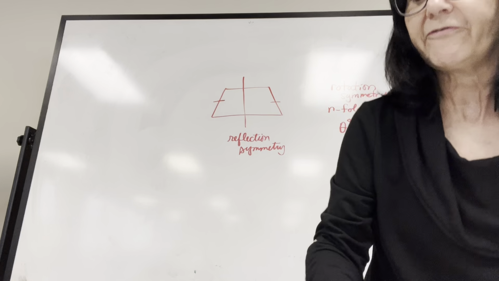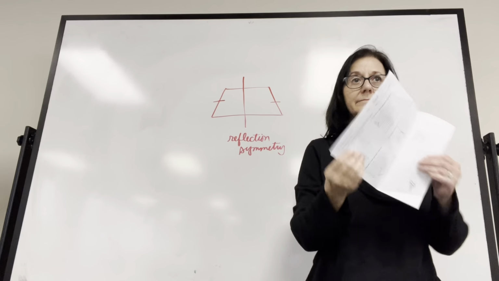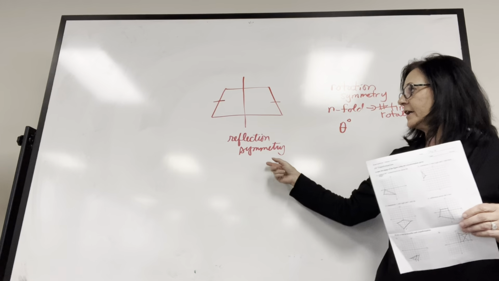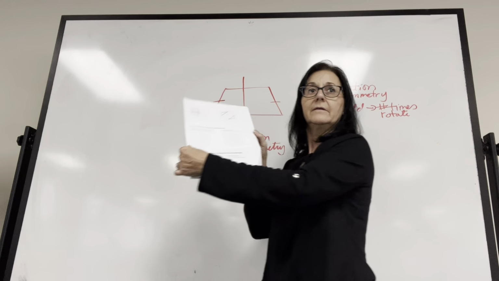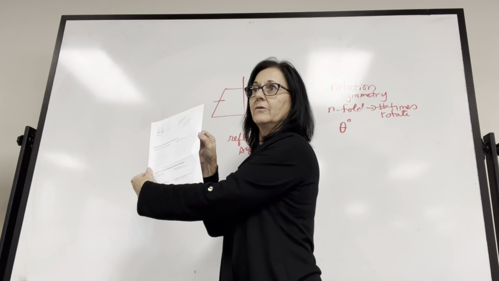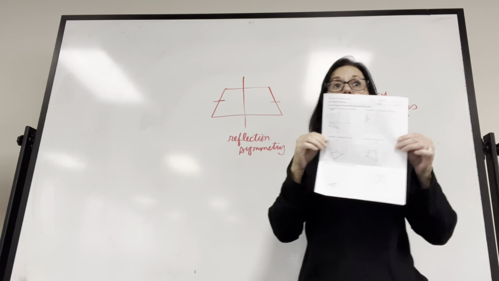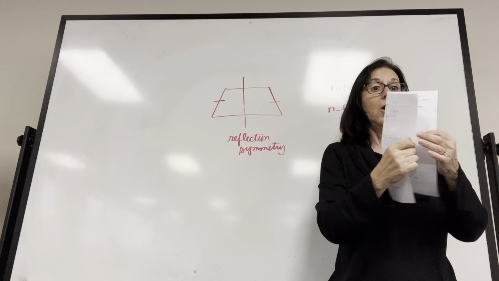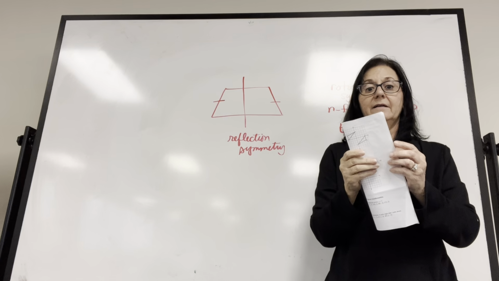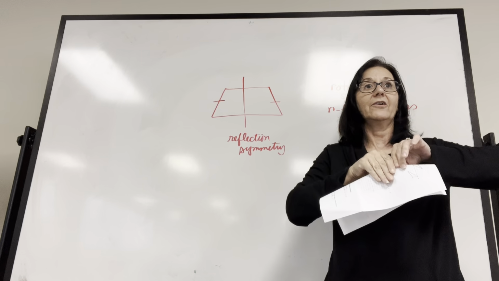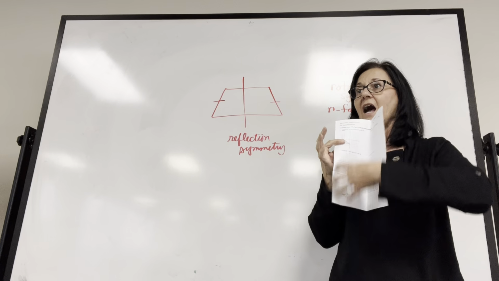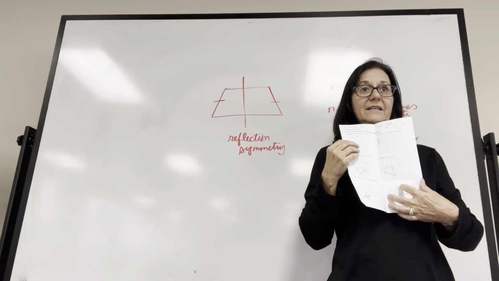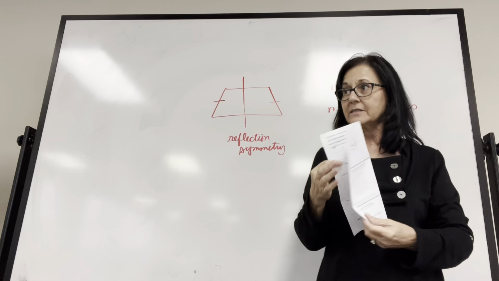Okay, so a reflection, if I'm not talking about symmetry, would be like here to here. Reflection symmetry would be like here. This side is exactly this side. Does that make sense? Do you see the difference?